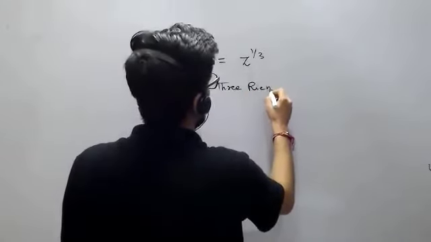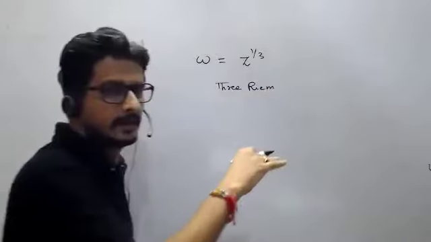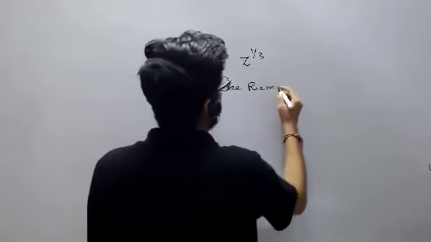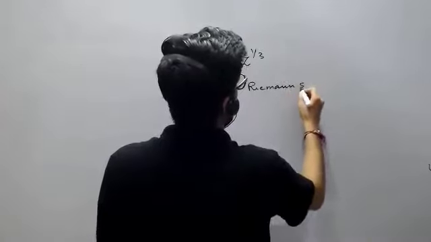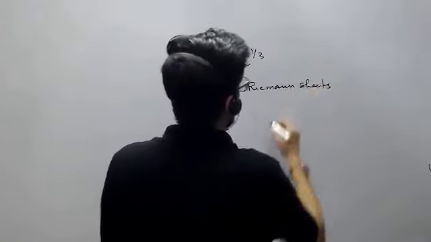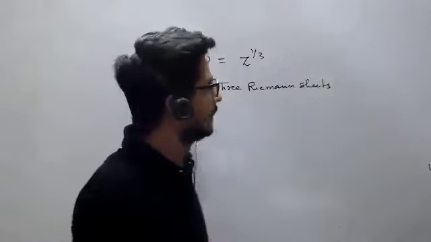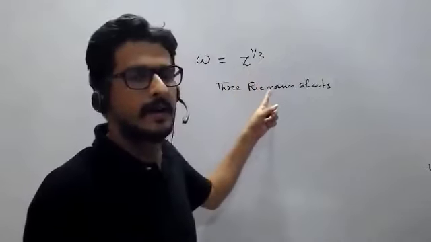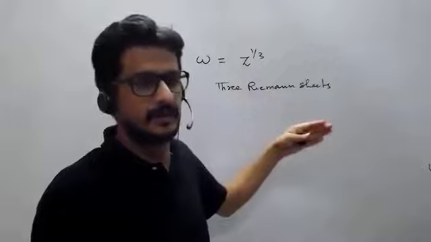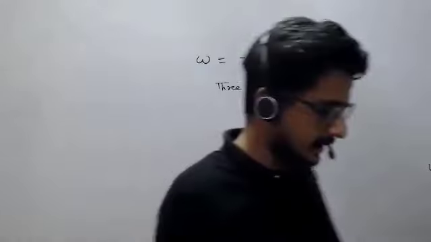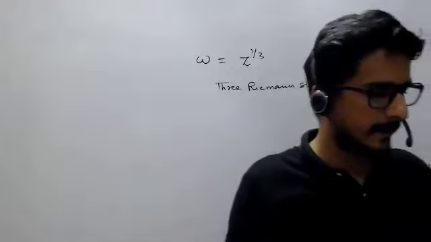Those planes on which this complex function will be represented are known as Riemann sheets. For example, z to the power half needs two Riemann sheets. For this, you need three Riemann sheets.